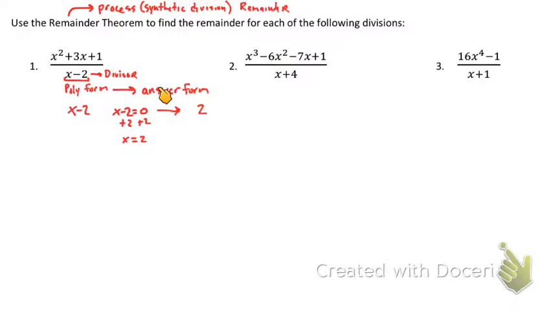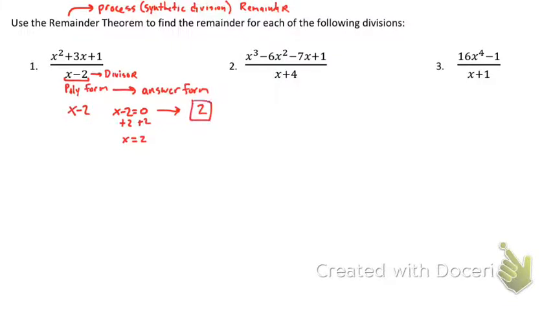We want to turn him into answer form so that we can use synthetic division. To do that, we just set it equal to 0 and solve, something you should be comfortable doing. So my answer form of this polynomial is positive 2.